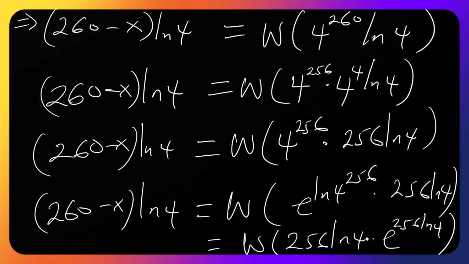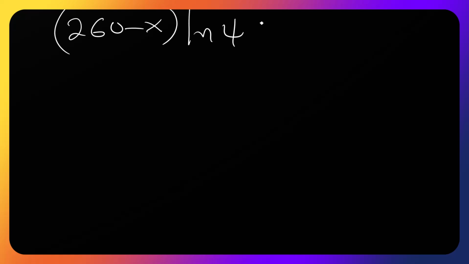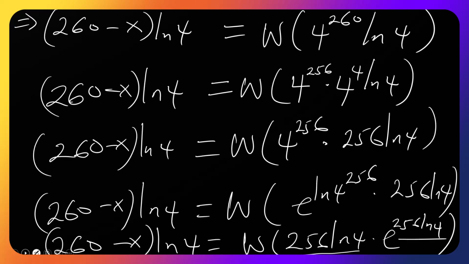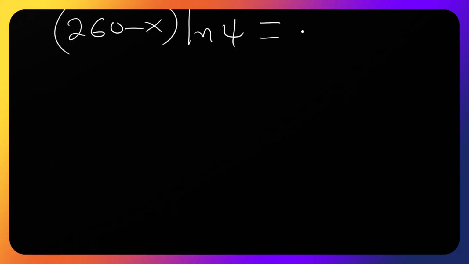So let's check what is behind here and what is there: they are the same, 260 minus x ln of 4. So my right hand side will bear one of them, since they are the same, and we are taking the W function. So my next step will be 260 minus x ln of 4 equals the W function of the right hand side, which will be 256 ln of 4.